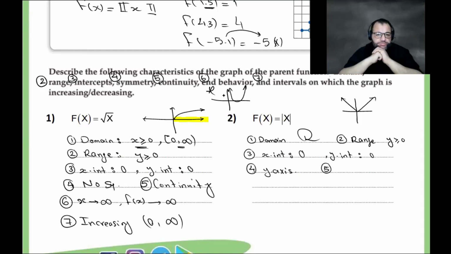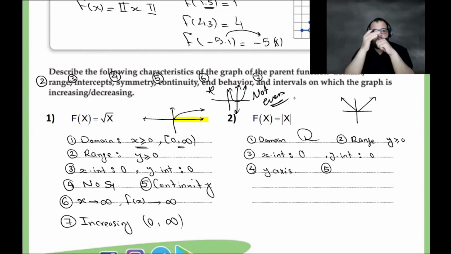So when there's an exact symmetry of the graph, like there is a symmetry here for this one. Yes, there is a symmetry, and this one is not even.